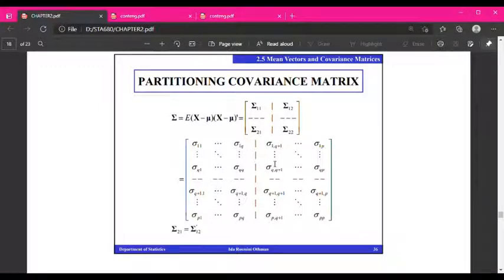Kat sini big sigma 12, di sini big sigma 21, di sini big sigma 22. Nanti kita tengok contoh. And then these two, which is the big sigma 21, adalah the transpose of the big sigma 12. So kalau you ada this part of the partition, you boleh create this partition juga. Sebab ianya adalah transpose of this part. Okay.